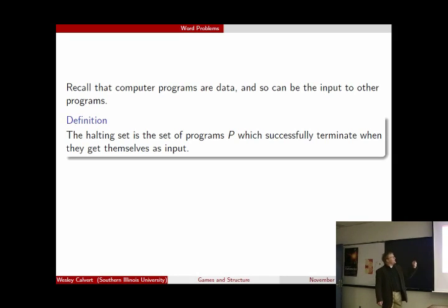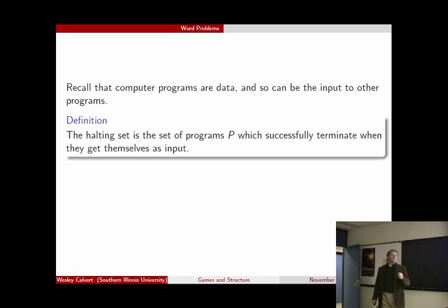The halting set is the set of programs that, when you give them themselves as input, will successfully terminate. They will not get stuck in an infinite loop. They will not crash. They will not melt your computer. They will not send up an error message and quit. They will successfully terminate and do something.